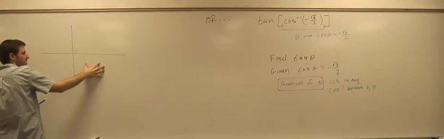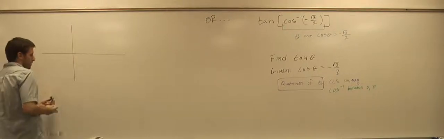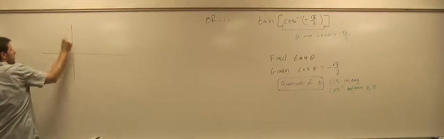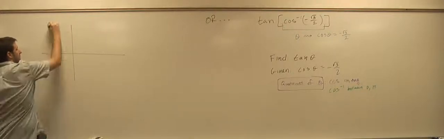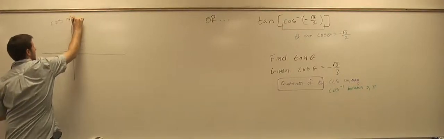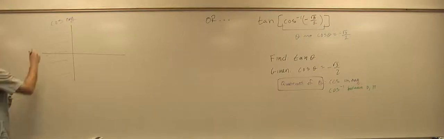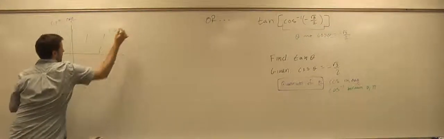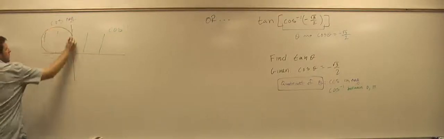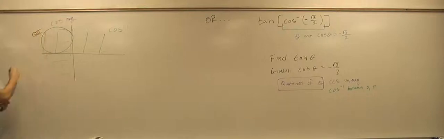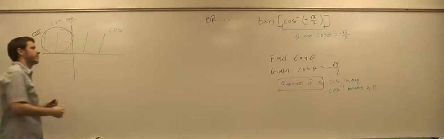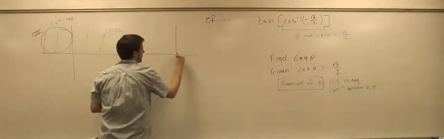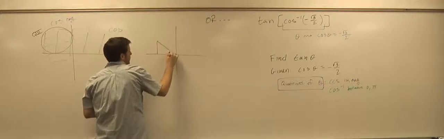Cosine's still positive over here because x is still positive. So these are the two quadrants where cosine is negative. And these are the two quadrants where cosine inverse exists. So you know that your triangle has to end up in quadrant 2. So you draw it. Triangle.